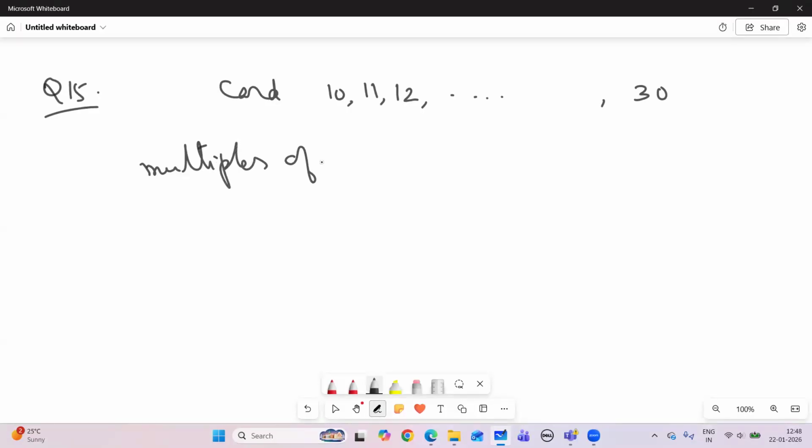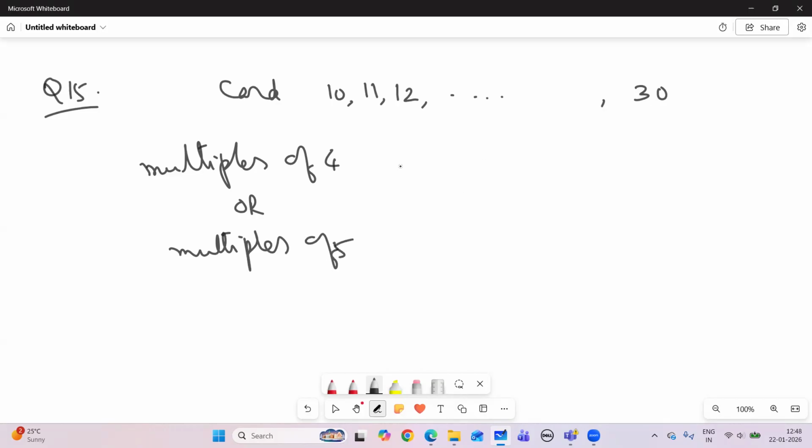Question number 15. We are given cards numbered 10, 11, 12 up to 30. Out of this, we have to collect multiples of 4 or multiples of 5.